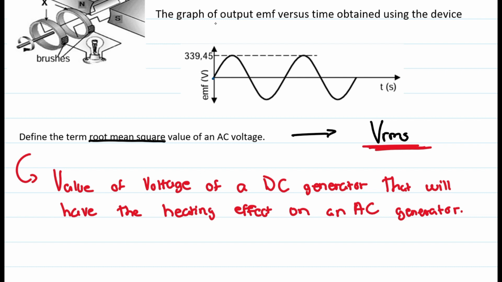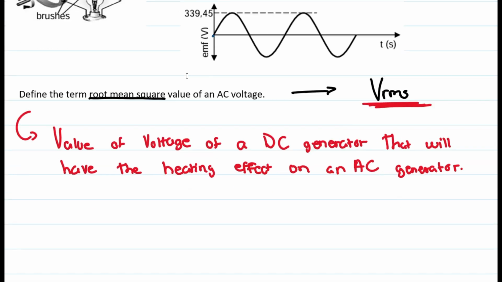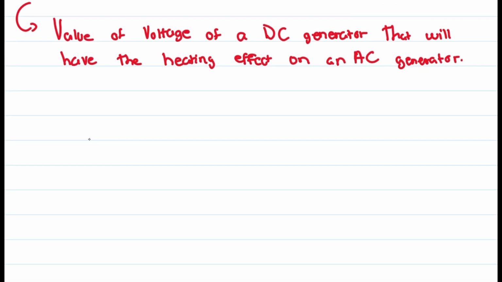Let me simplify this for you. Think of Vrms like the strength of waves at the beach. Sometimes the waves are big, and sometimes the waves are very small.